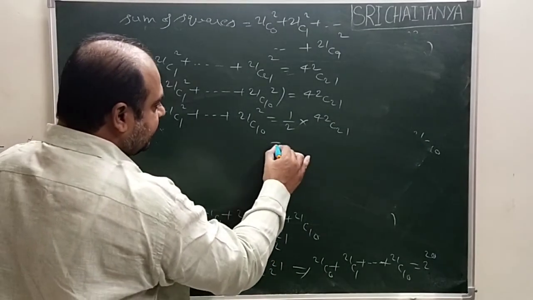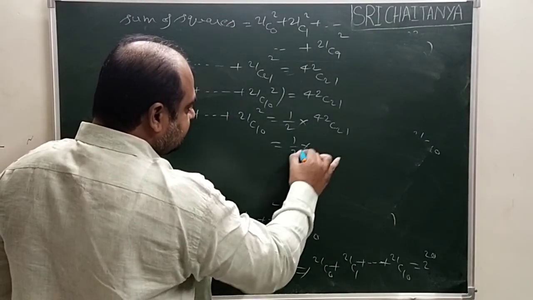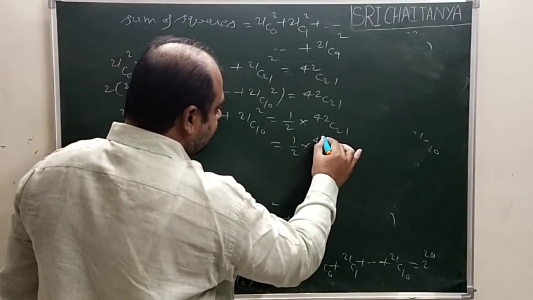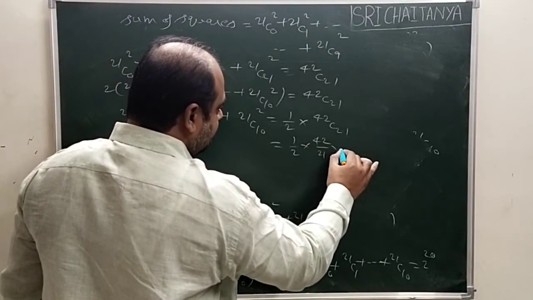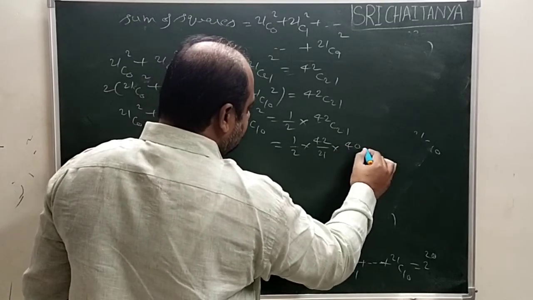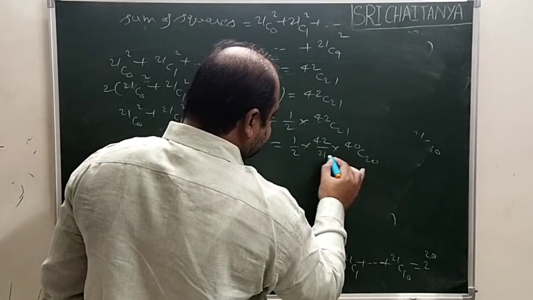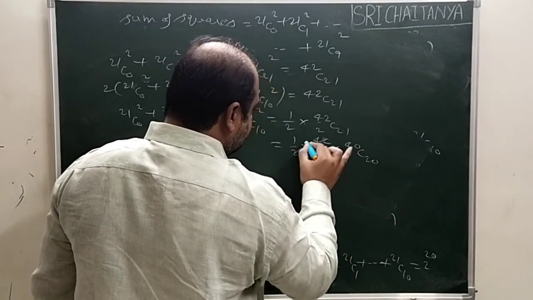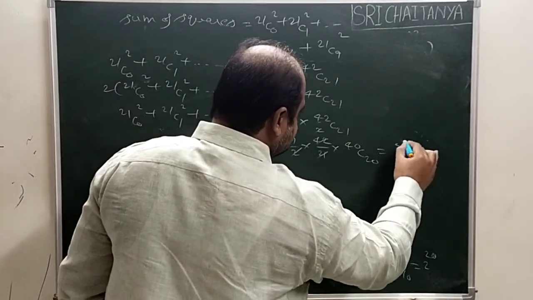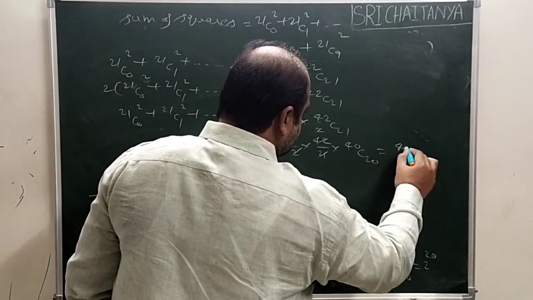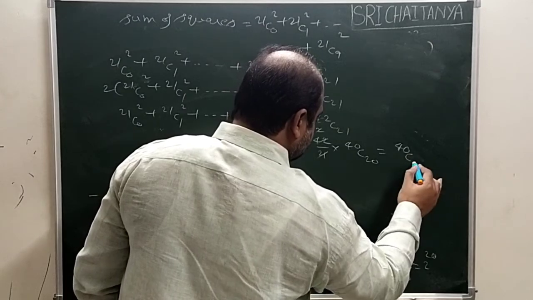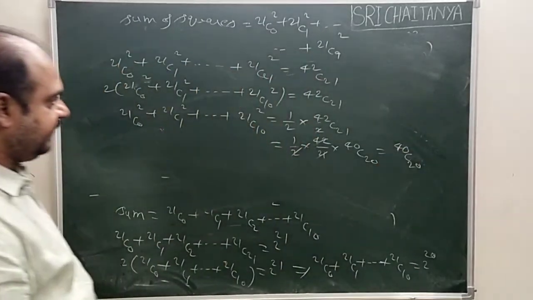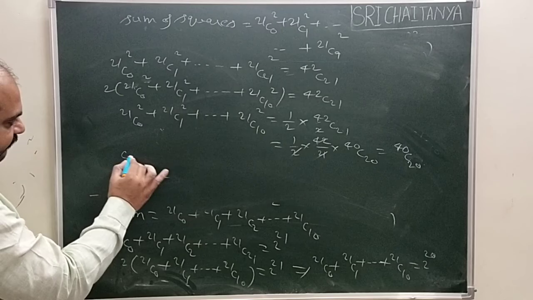I write NCR as N by R into N minus 1 C R minus 1. With 21 ones and 21 twos, this is nothing but 1 by 2 into 2 into 41C20, that is 41C20.